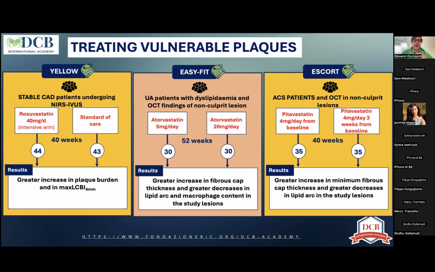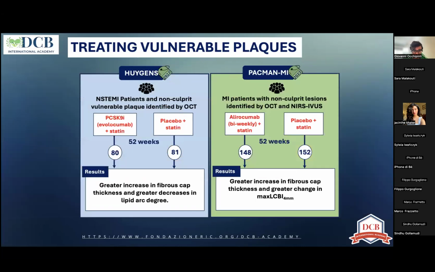Okay. So the YELLOW, the EASY-FIT, and the ESCORT trials investigated the role of atorvastatin, rosuvastatin, and pitavastatin in reducing the vulnerability of the plaque, and this has been shown as an increase in fibrous cap thickness and a reduction of macrophage content.